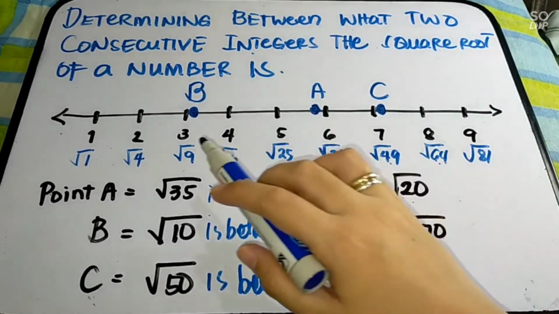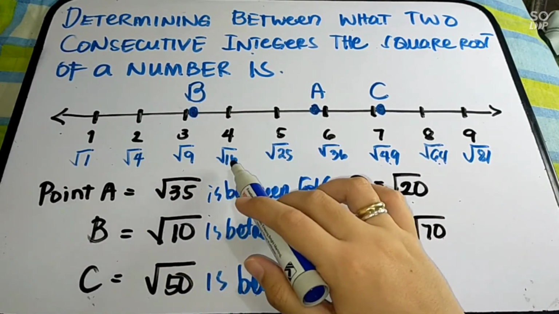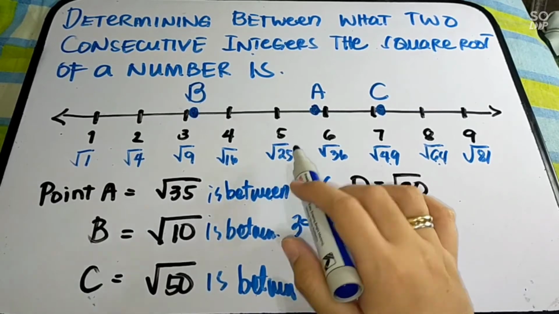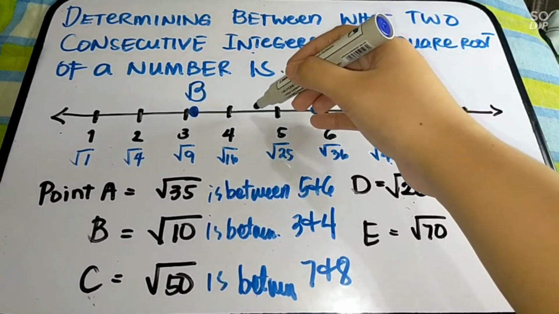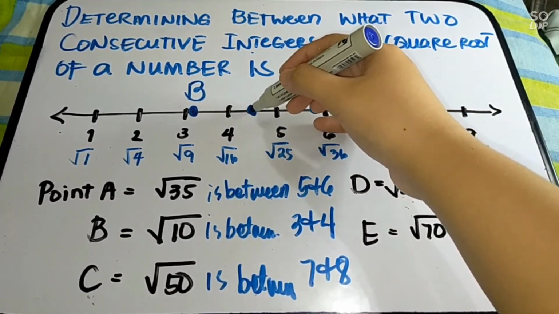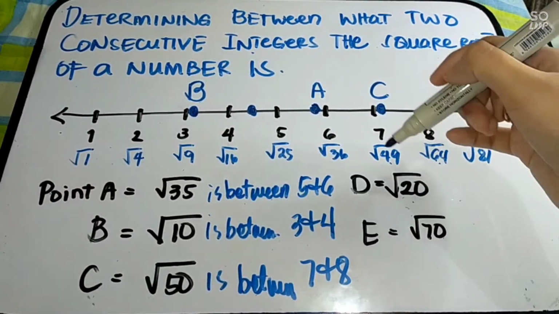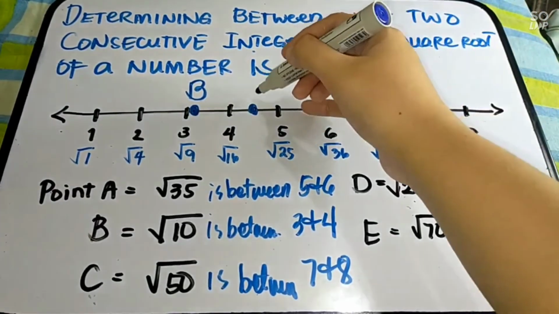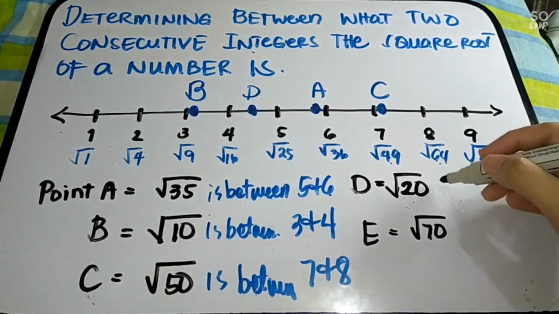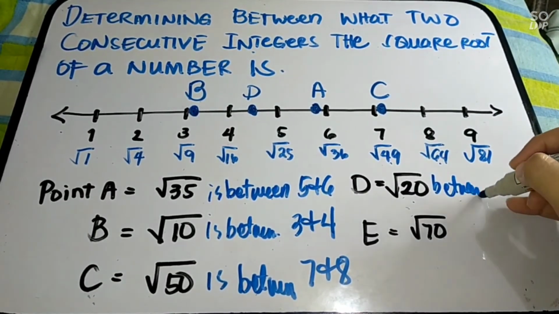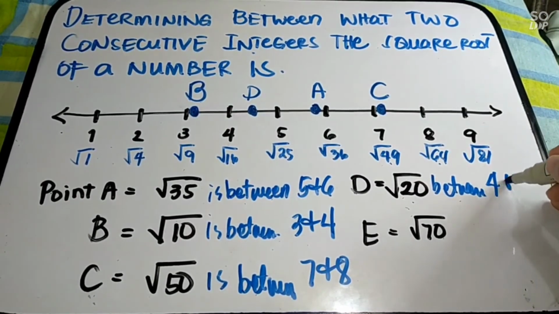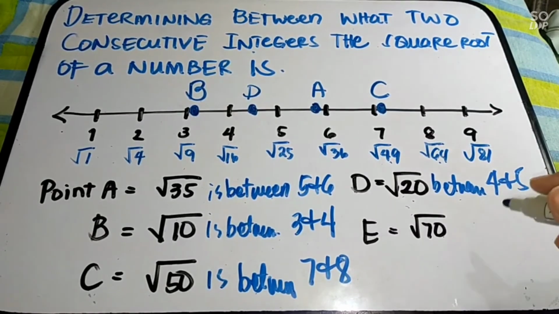So, hanapin, square root of 20, pinakamalapit dito, 16 and 25. So, si 20 ay halos nasa gitna ni 4 and 5. So, therefore, this is point D. So, between 4 and 5. So, ganun lang kasimple.